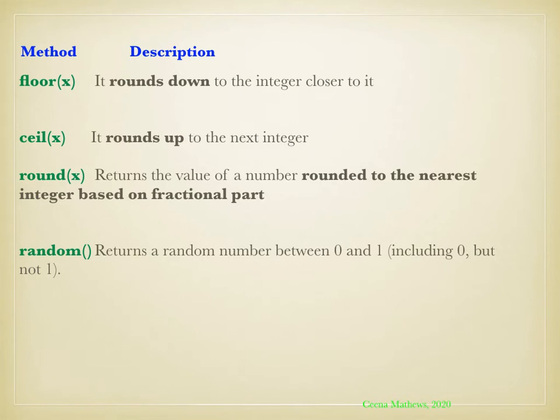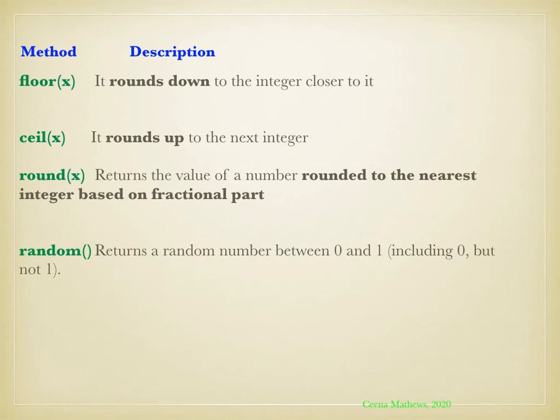Next is floor. Floor returns the next integer less than or equal to a given number, that is it rounds down to the next integer. Okay, it always rounds down. Ceil returns the integer greater than or equal to a given number.